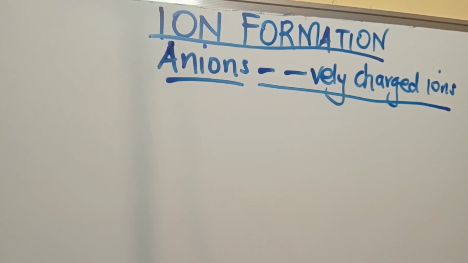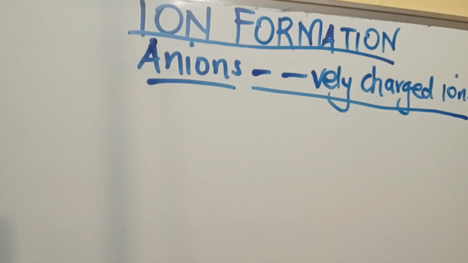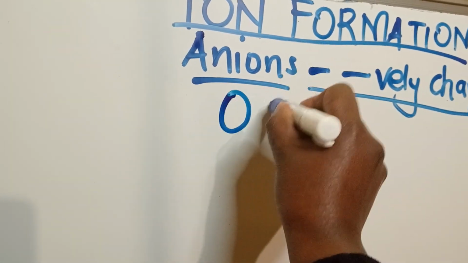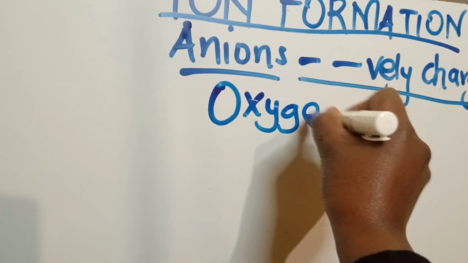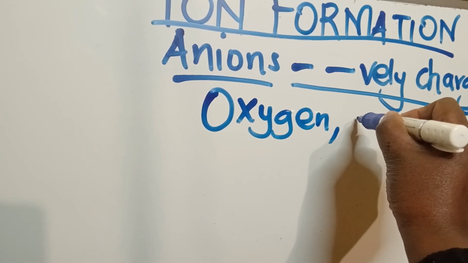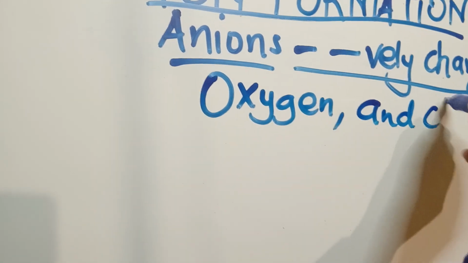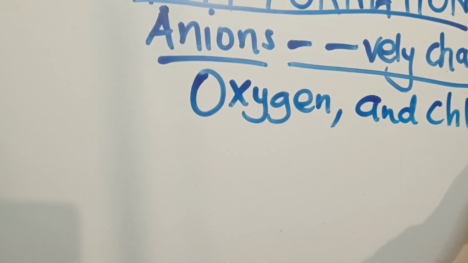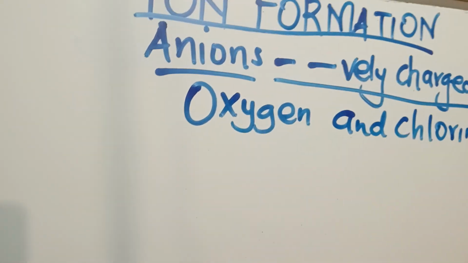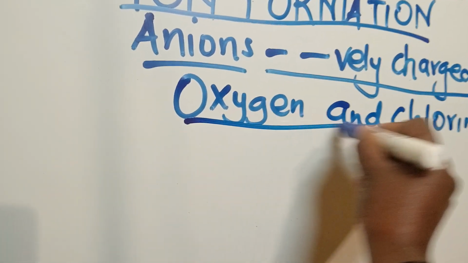And the anions that we are going to deal with today are oxygen and chlorine. Oxygen and chlorine are what we will begin with.